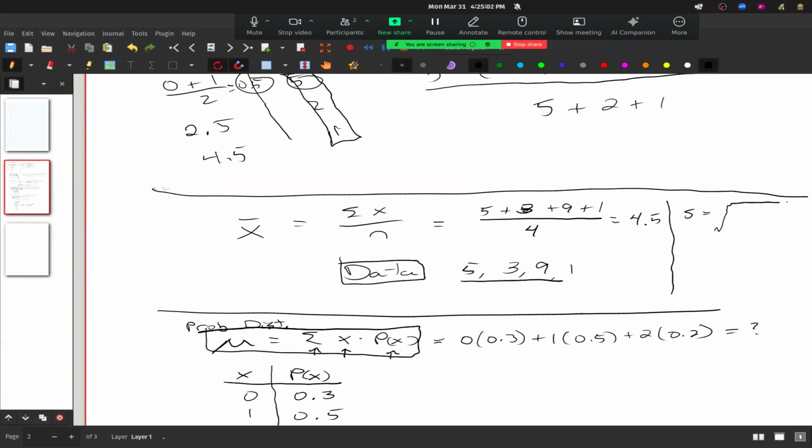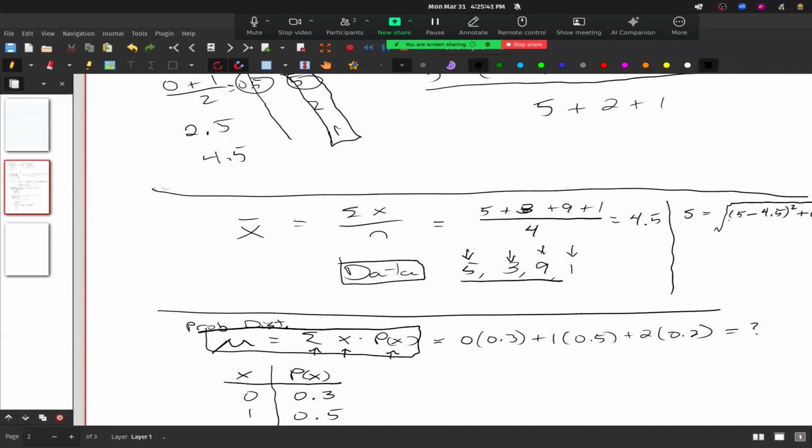What we do is for each of the data points, we take 5, the 5 from my data minus the mean, which is 4.5, squared, and then add to that the next one. So now go to 3 minus 4.5 squared. I'm running out of room here, but that will continue on for each of these.